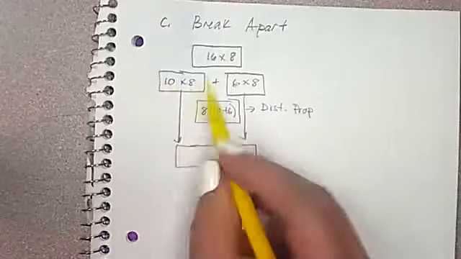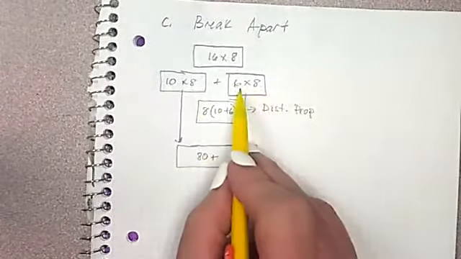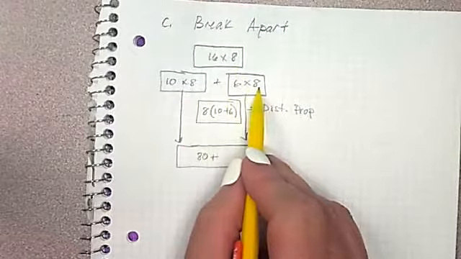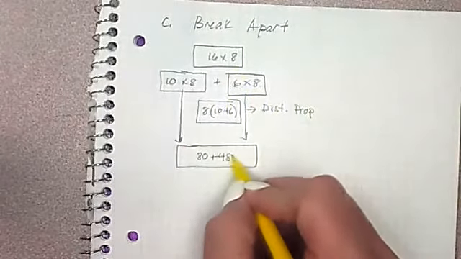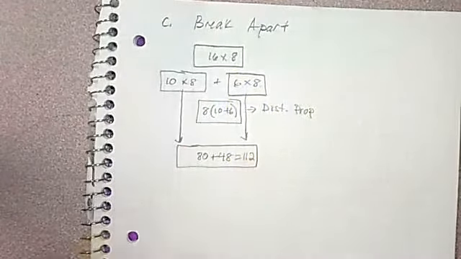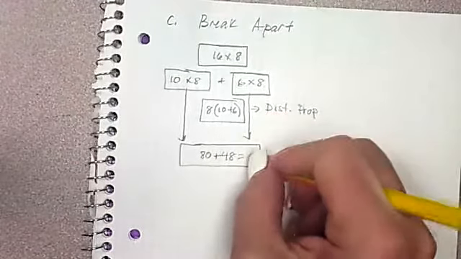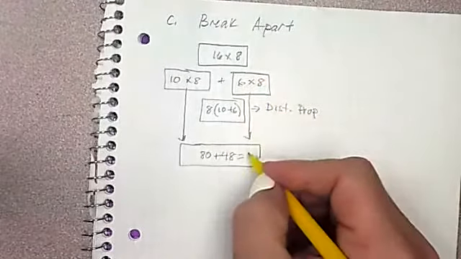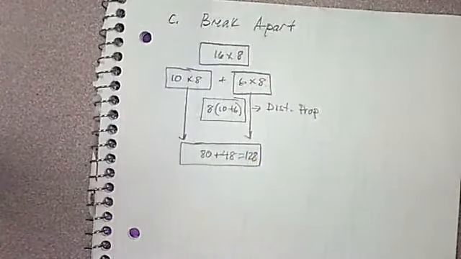We just take 10 times 8 is 80. Then 8 times 6, because this will leave you in single digits, which students, if they have their multiplication tables down, can do. And then add those together. Oops, but do it correctly. Actually, 128. There we go.